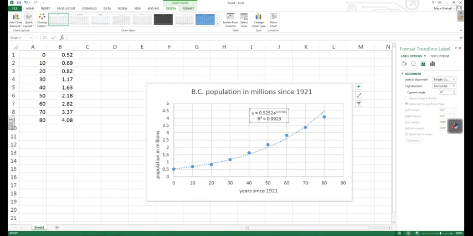Now there's a trick with the equation though, because Excel doesn't give you the proper equation, it gives you an exponential equation, right? So you have to do some changes. So here's what I want you to look at. I'm going to copy this.